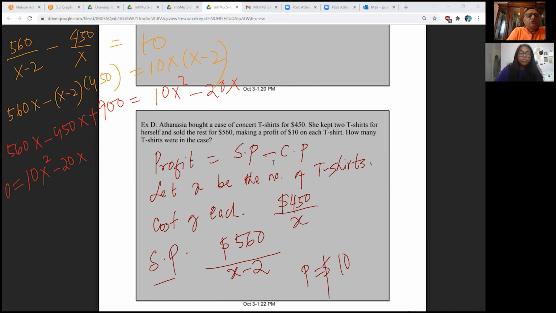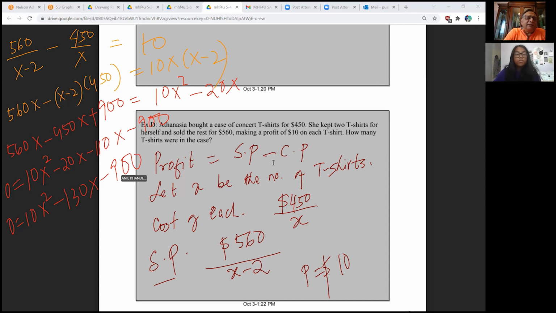So minus 110x, and plus 900 becomes negative 900. So you have your equation to solve, which is 0 equals 10x squared, and when you add this, you get minus 130x minus 900.